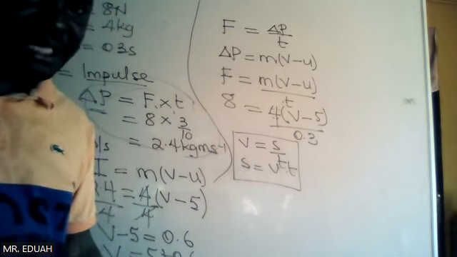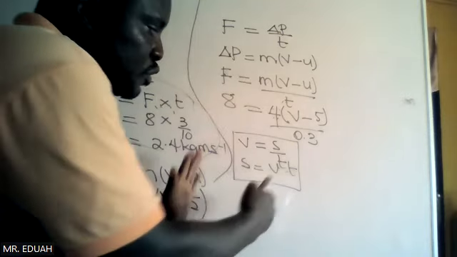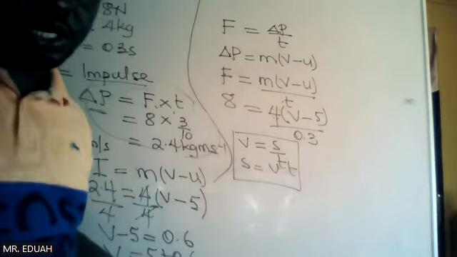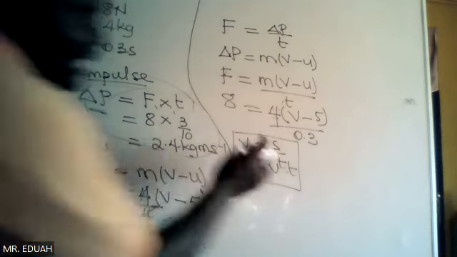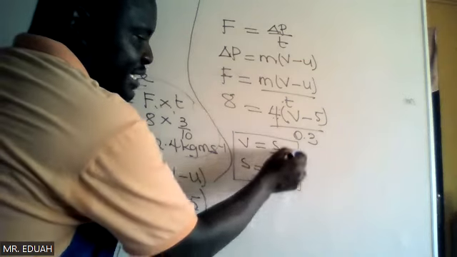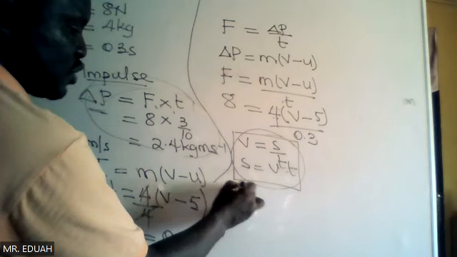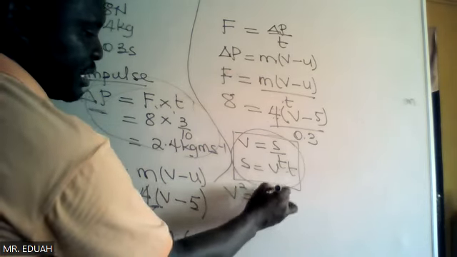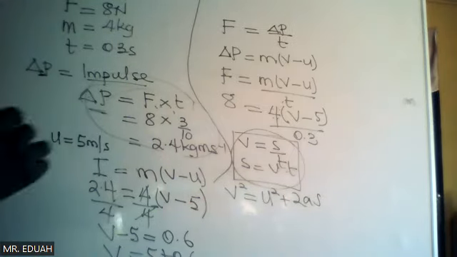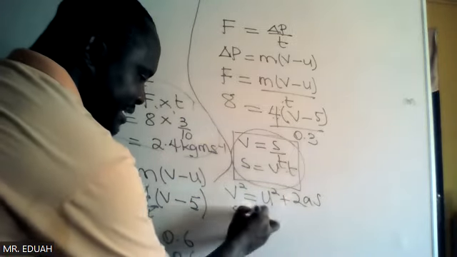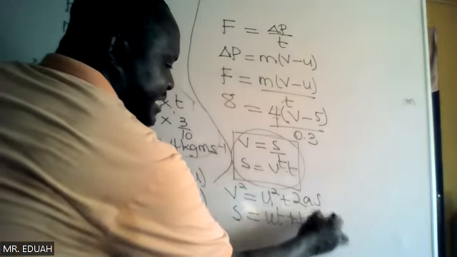Yes, please. You are telling me that the velocity of the body is constant from start to finish. But that is not the case. The body accelerates. So when you are dealing with an acceleration, please, you don't use this. You have to use one of them: V squared is equal to U squared plus 2AS to find the distance, or S is equal to UT plus half AT squared.